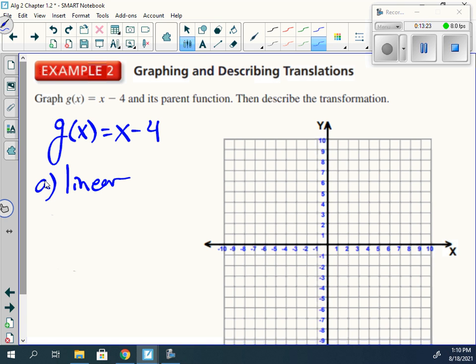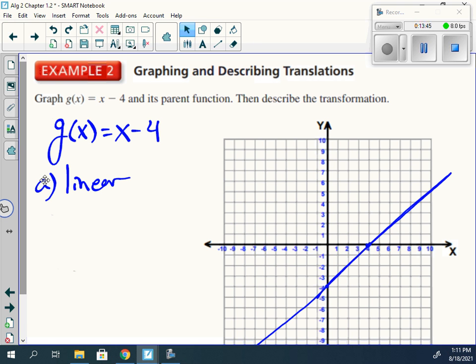So this here is a linear function. Wouldn't it just be straight across? It would be a straight line, about like this here.